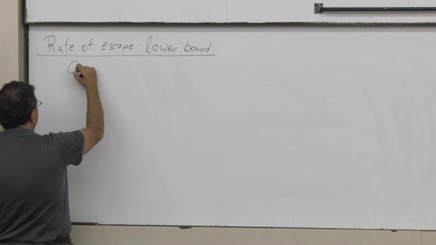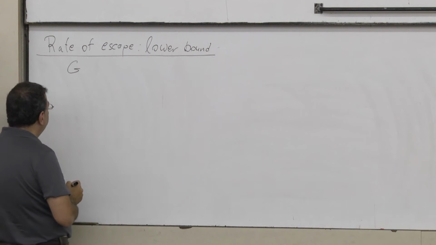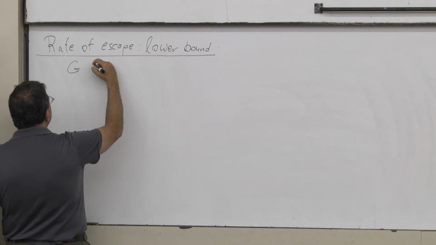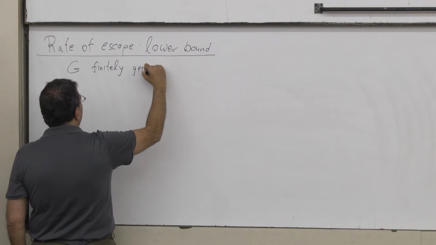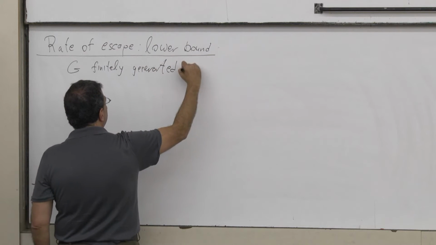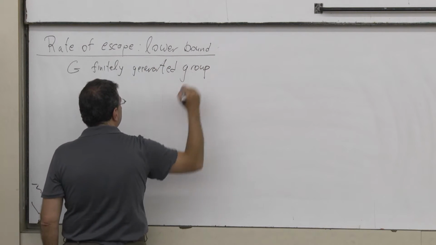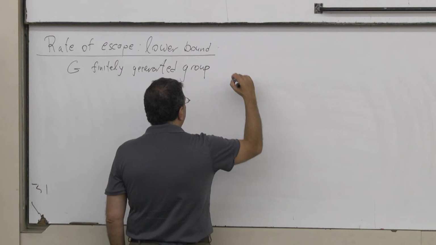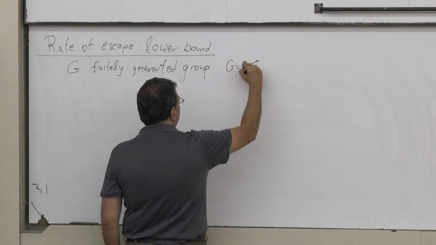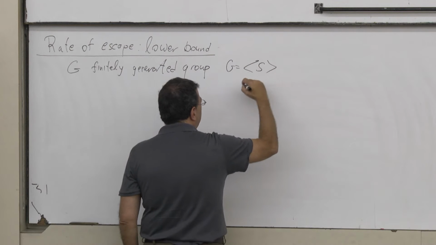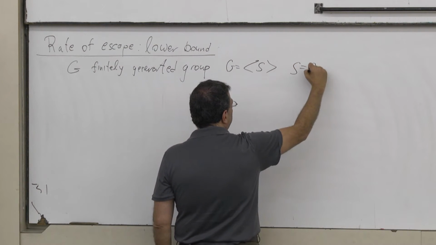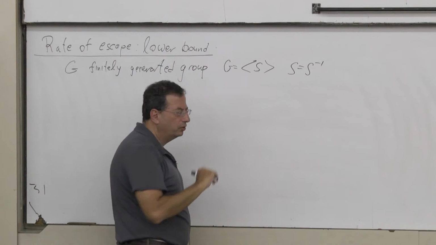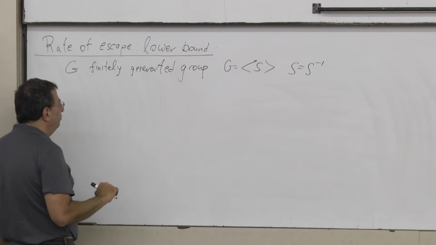So we start with G, which is a finitely generated group. So there is some set of generators S, elements of the group. We'll take the set to be symmetric, so with any element, we also take the inverse.